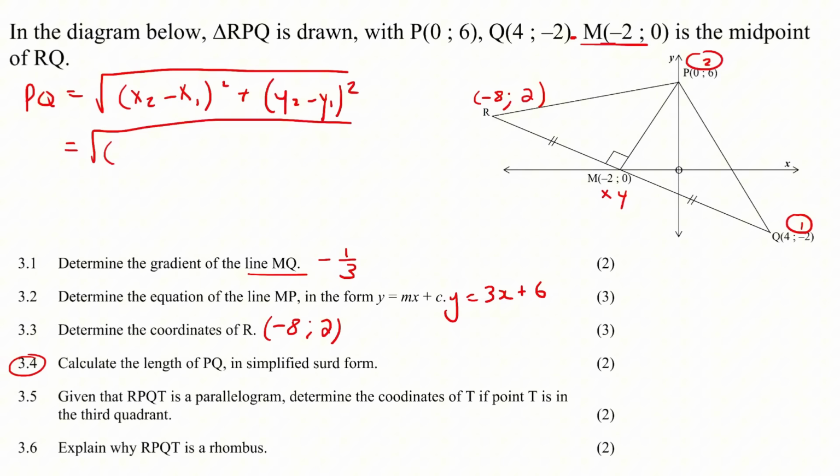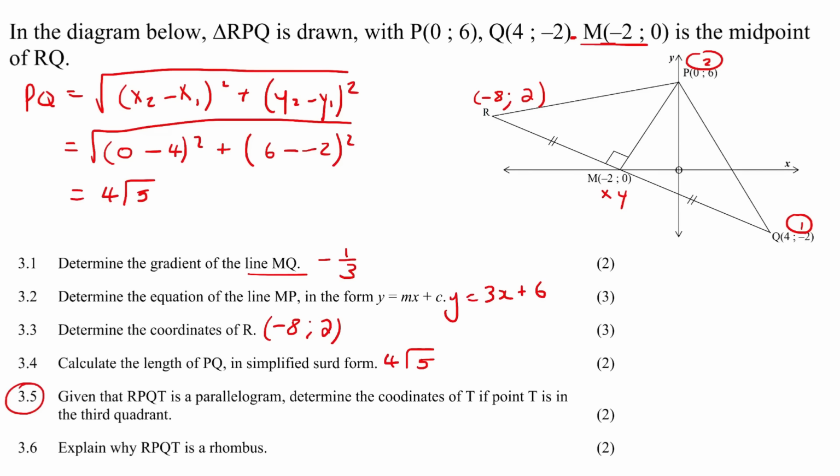And so we end up with the x value of point 2 is 0, the x value of point 1 is 4, the y value of point 2 is 6, and the y value of point 1 is minus 2. Then I would just pop that straight into the calculator, and we should end up with 4 square root 5. They said leave it in surd form, don't use decimals, so 4 square root 5.